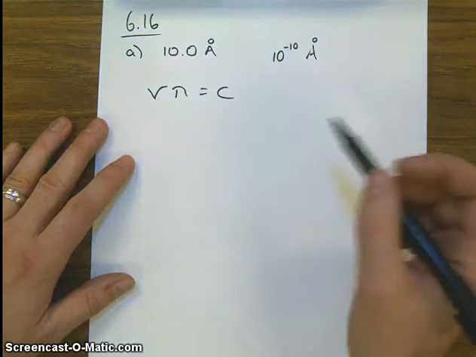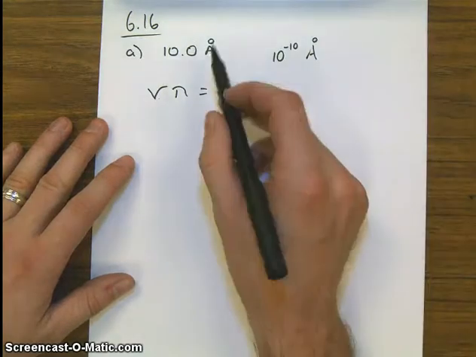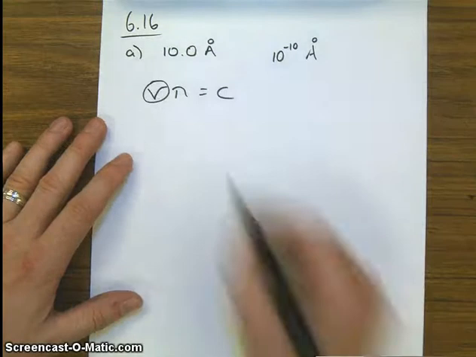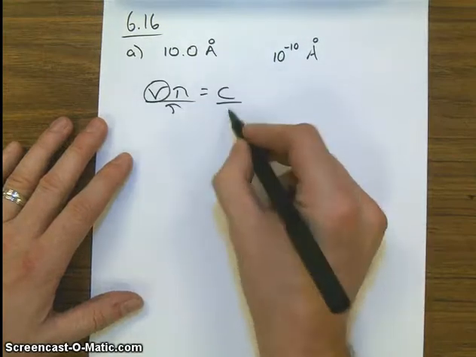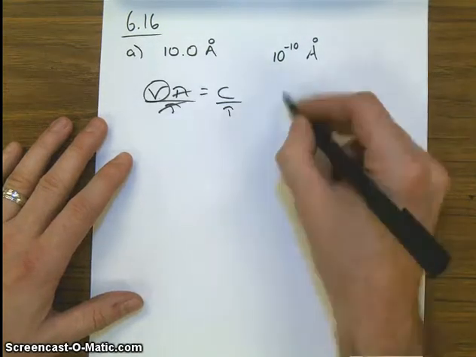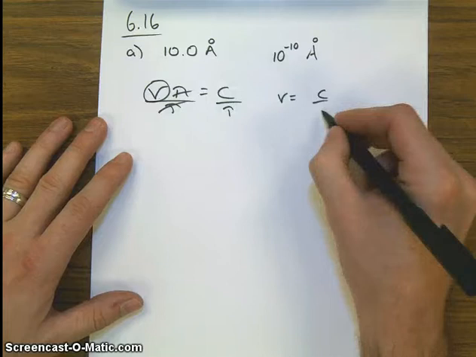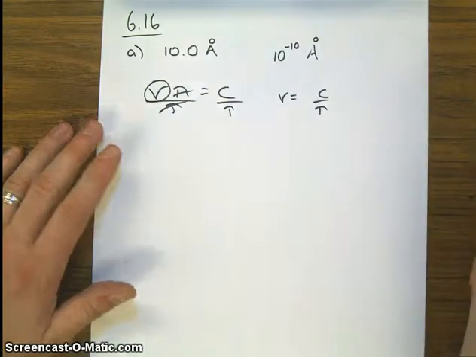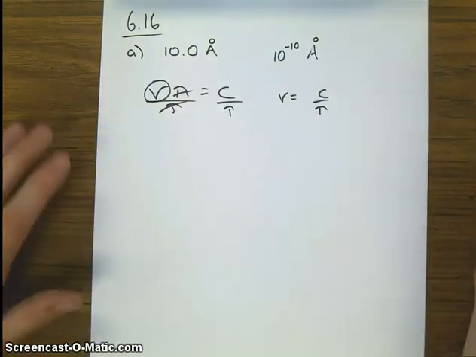We're given the wavelength, but the question is asking for the frequency, so we need to take lambda to the other side. So nu is equal to the speed of light divided by the wavelength, and that'll tell us our frequency for part A.